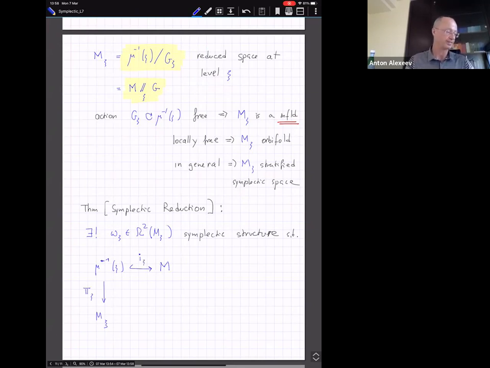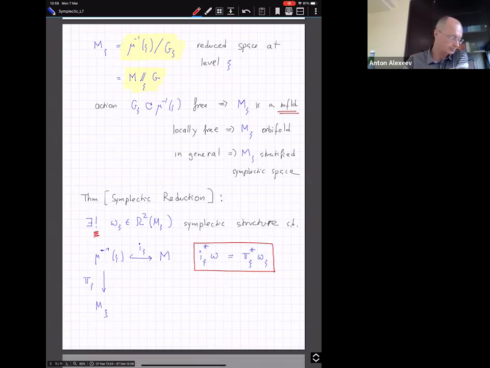The equation which is imposed is that the pullback of the two form from M descends to the reduced space, and together they satisfy this formula. Both the formula and uniqueness are important statements.